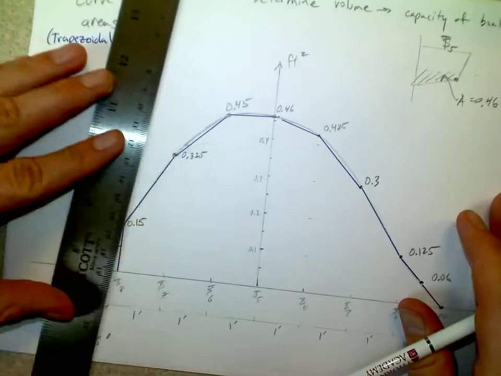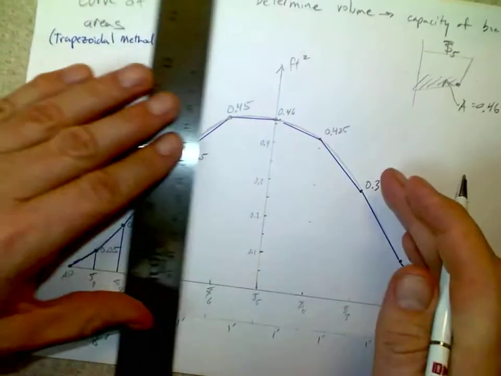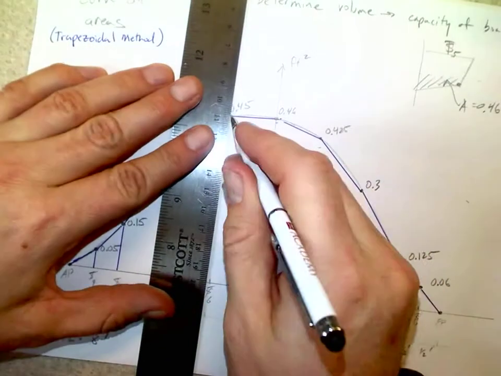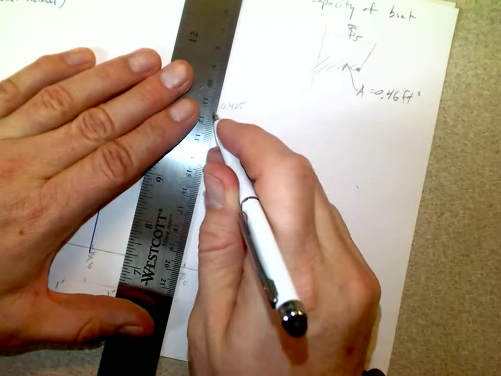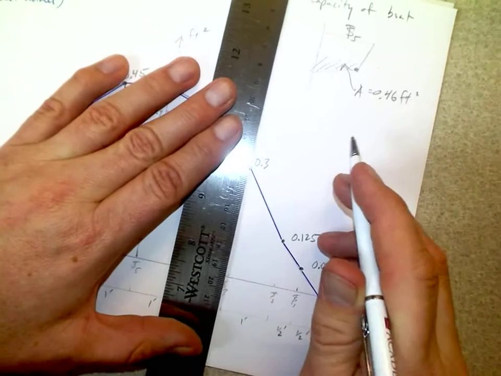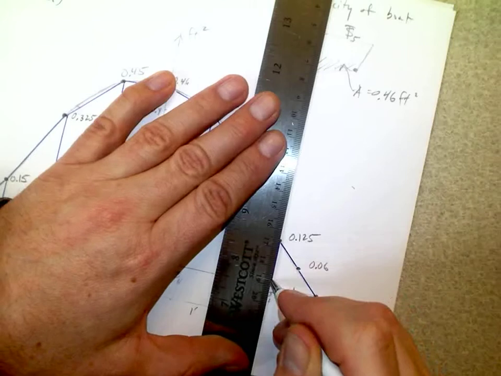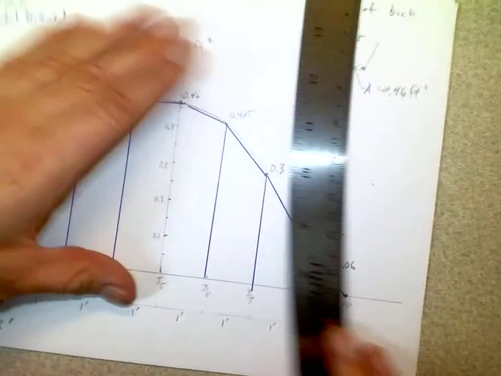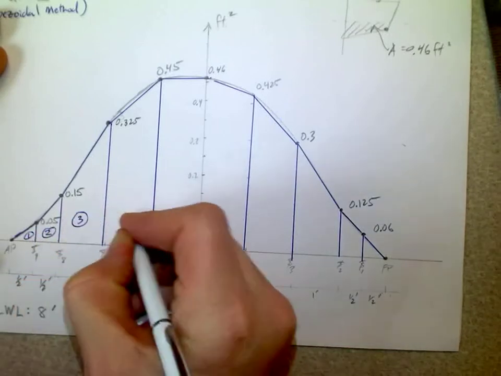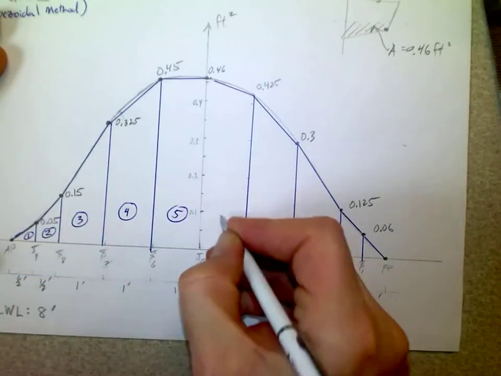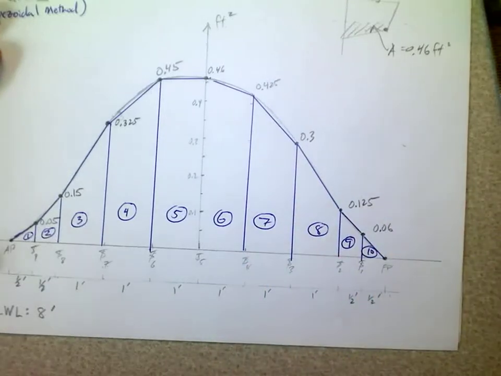I'm going to end up drawing, that should have lined up a little bit better. This isn't a real boat, so these things should have lined up a little better, but no big deal. So I'm going to have 1, 2, 3, 4, 10 areas to get.